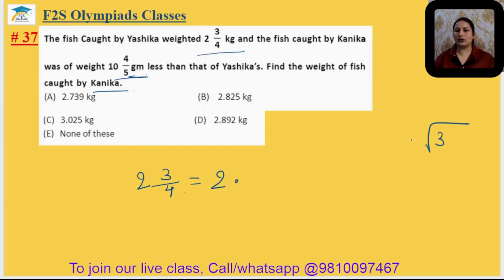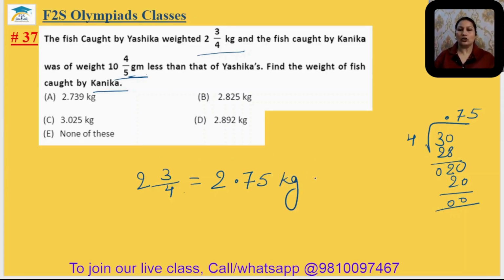If you divide 3 by 4, we put the decimal here and get 0. 4 sevens are 28, 2 will be here. Then due to the decimal, we can put one more 0. 4 fives are 20. So this is 2.75 kg, and here it is gram. Can we convert 2.75 kg to gram? We have to multiply it by 1000, so it will be 2750 gram.